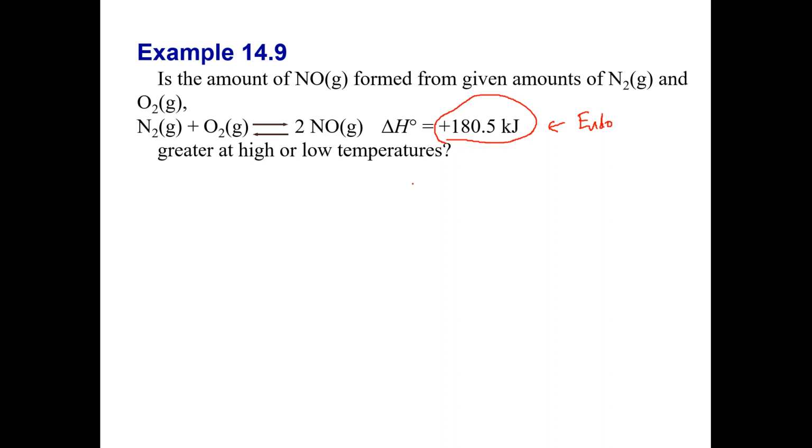All right. So what does that mean? That means that we could rewrite the equation as N2 gas plus O2 gas to give 2NO gas. But remember, it's endothermic, so we add heat to the left side.